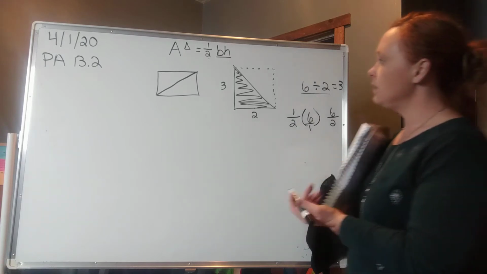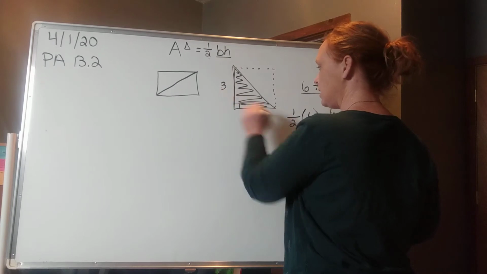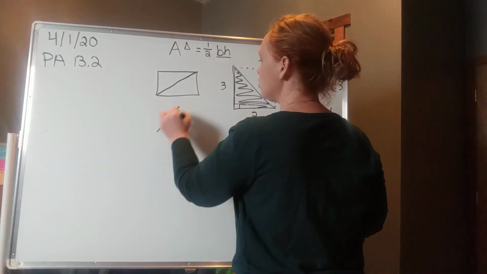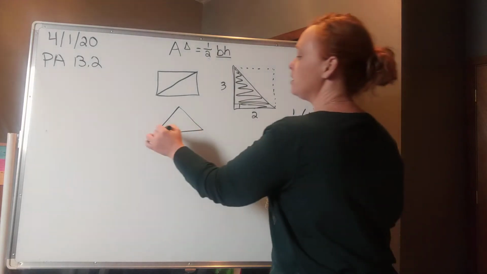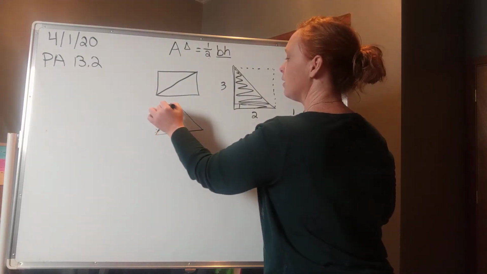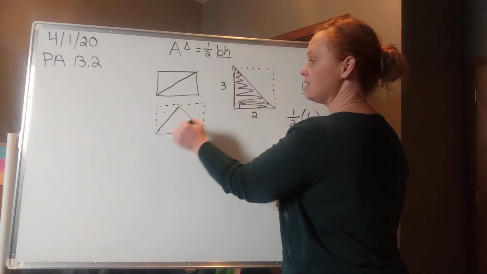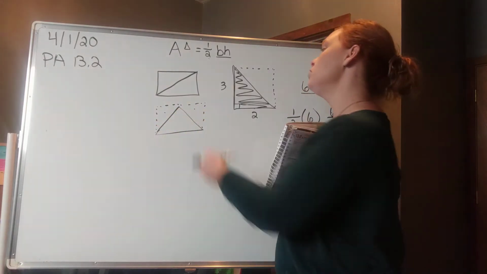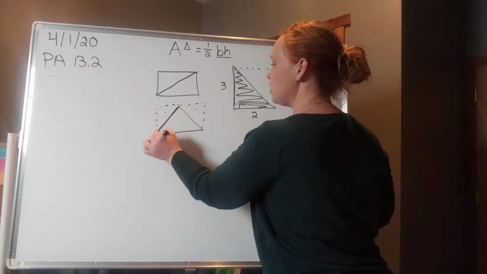Okay, so this triangle was really easy to work with because we had this perfect height. We made a 90 degree. But what do we do with a triangle that's something like this? Okay, because if I wanted to turn this into a square, I kind of have to do this thing right here. Now, will these two pieces fit inside here? Yes. So this triangle is still half of its rectangle, but is this what we talked about yesterday?